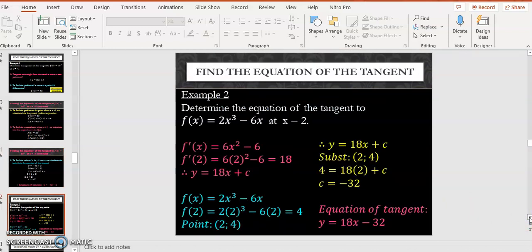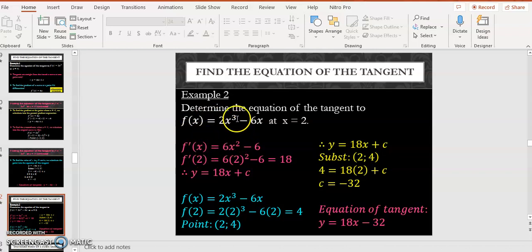Then the equation of the tangent, this. They want us to find the equation of the tangent to this curve at x equals -2. First, we find the first derivative to help us get m, which is the gradient.